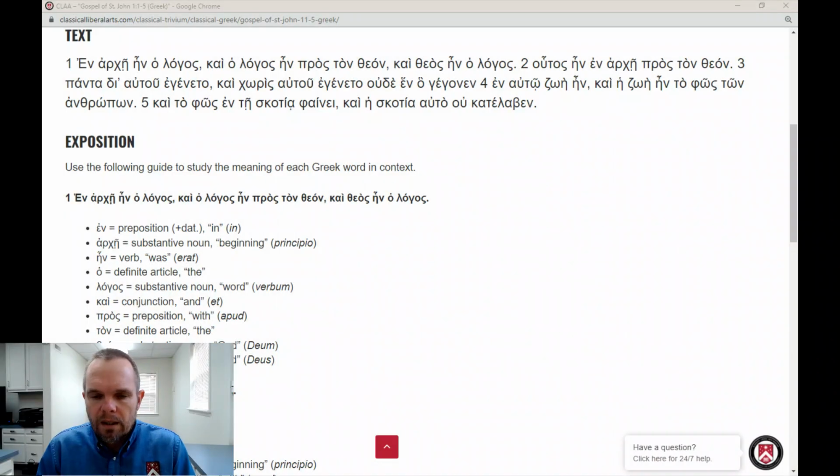We're going to study together verses 1 through 5 of the Gospel of St. John, and this is the lesson text right out of the lesson. It's very, very simple. We simply move 5 verses at a time. We read each line, practice good pronunciation, learn the vocabulary, and it's assumed that students who are working through this Greek reading course are also going to be studying Greek grammar.